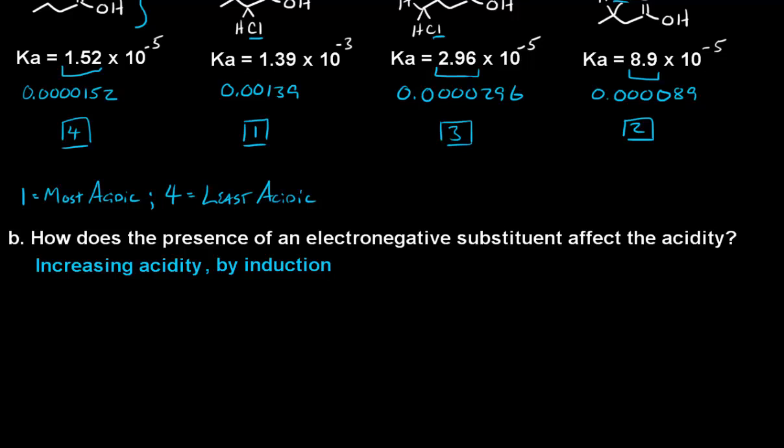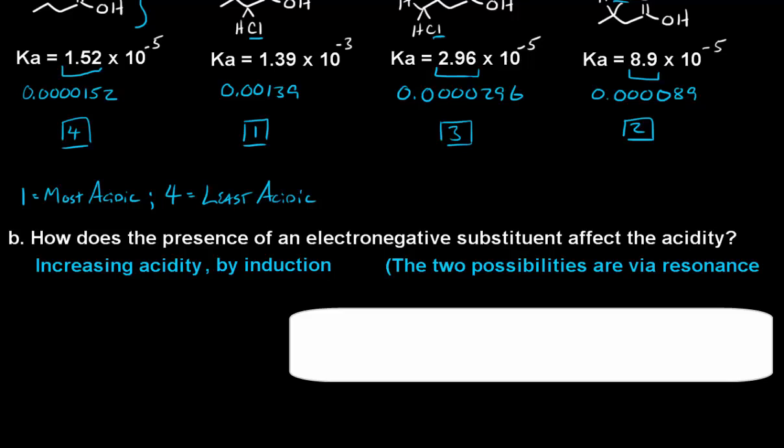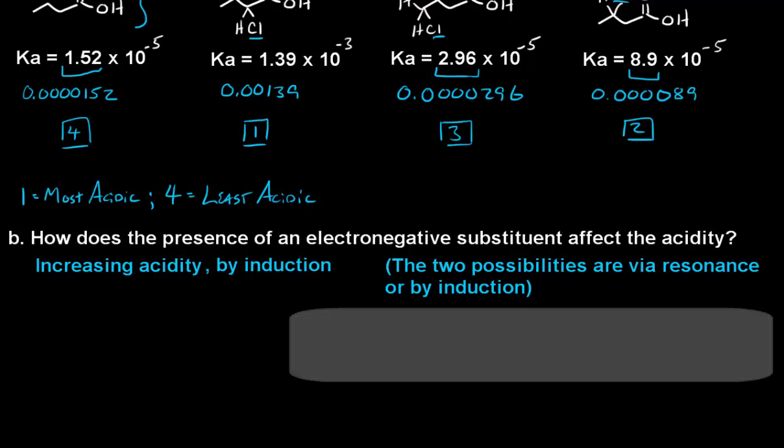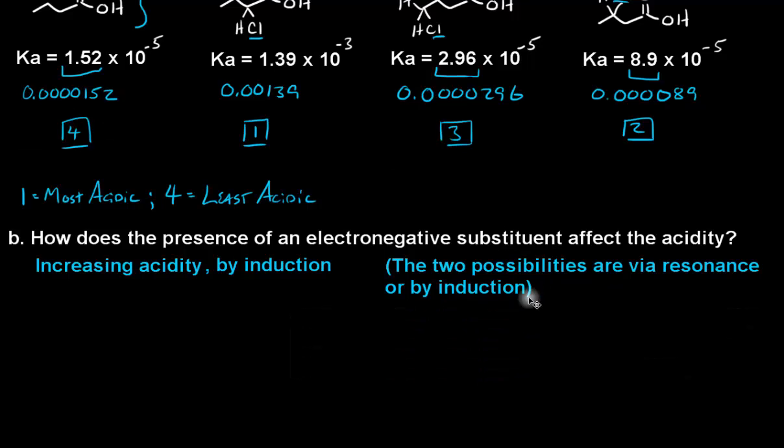Of the two different ways we can increase acidity, those two possibilities are either resonance or induction. In this case, it's induction. Later on, we'll probably do some examples of how we can affect acidity by resonance, but for now, this guy is induction.